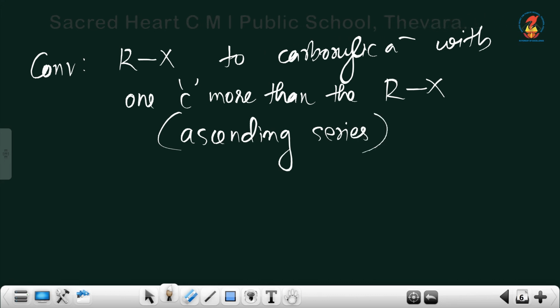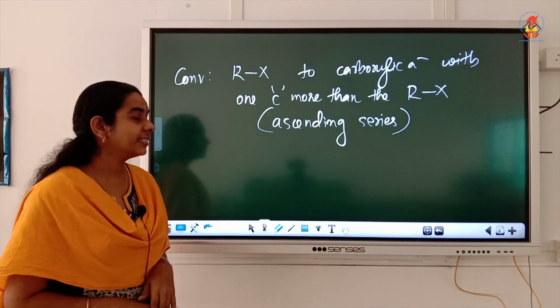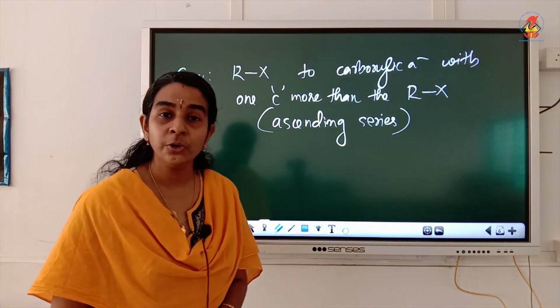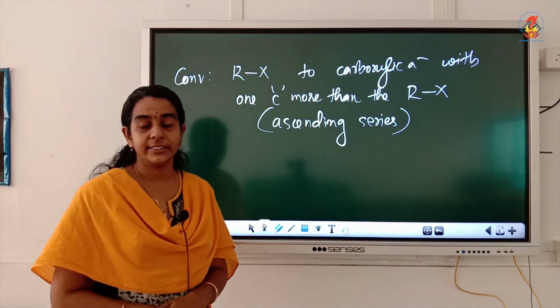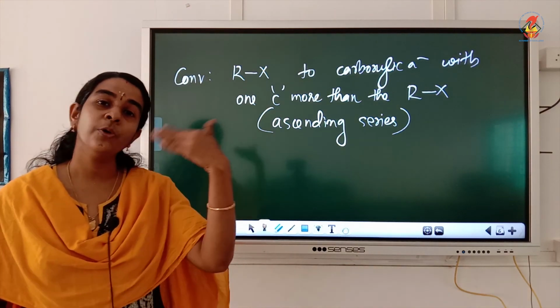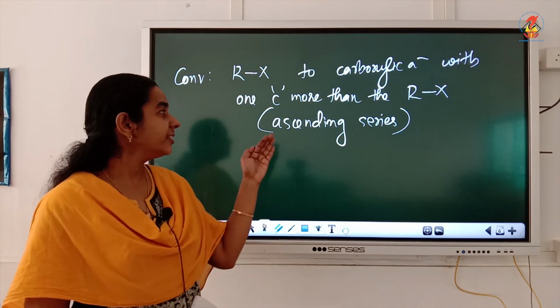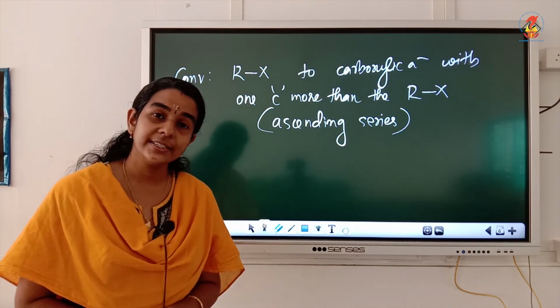Remember, the hydrolysis of cyanide method is used to convert alkyl halides to carboxylic acids with one carbon more than the alkyl halides. If you are preparing compounds with a greater number of carbon atoms, such a series will be known as an ascending series.